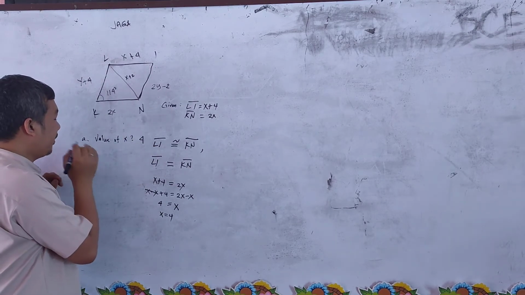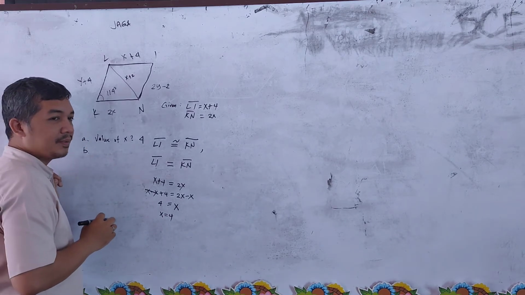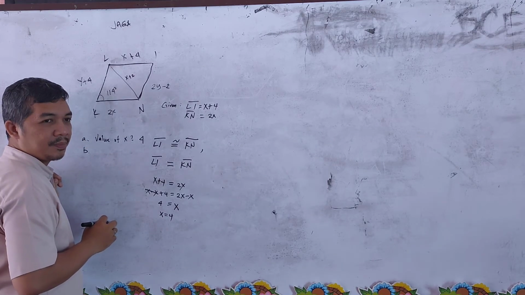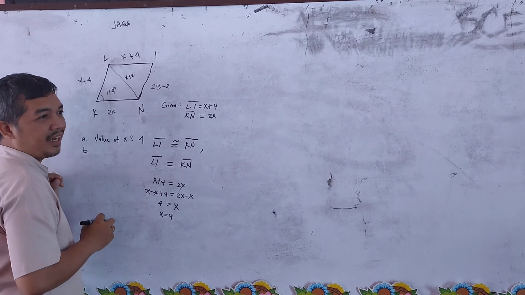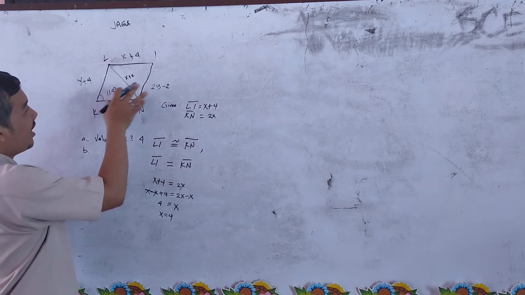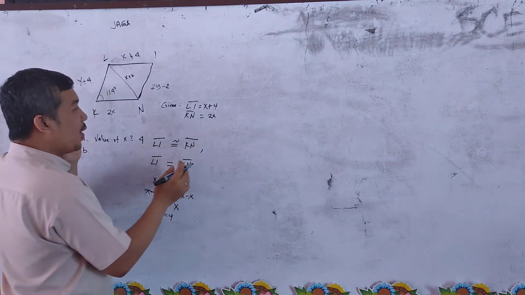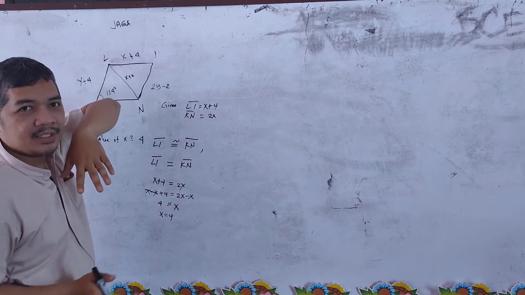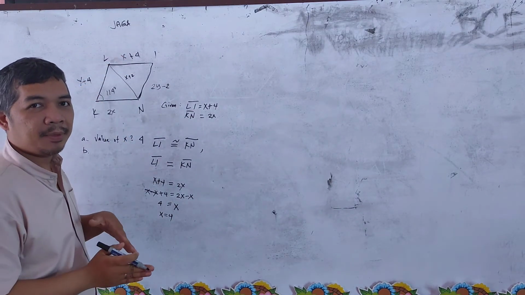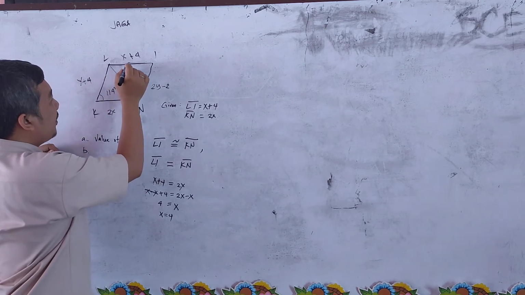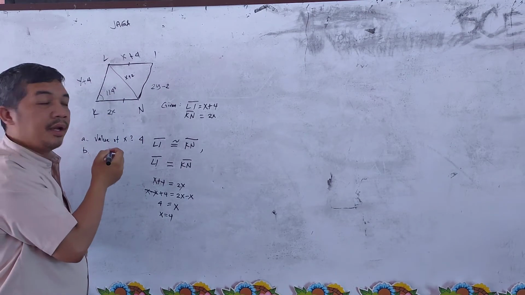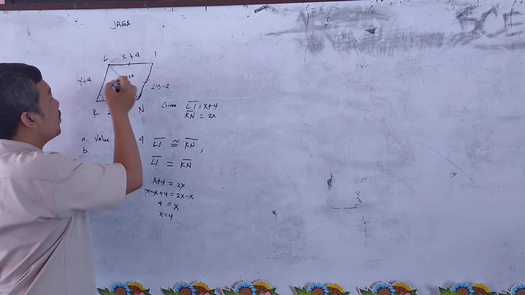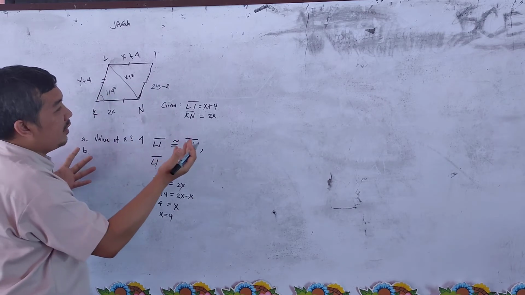Letter B natin. Ano yung nahanap dyan? Letter B. Itong side na to is congruent with this side. This side is congruent with this side. So parehas din, no?